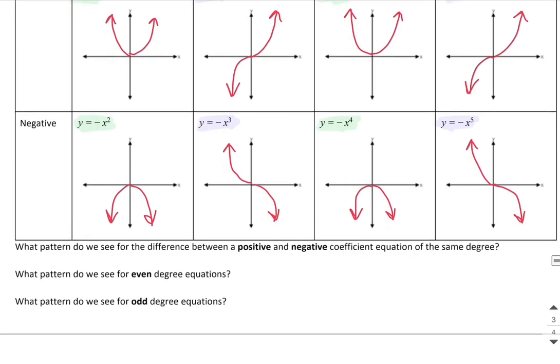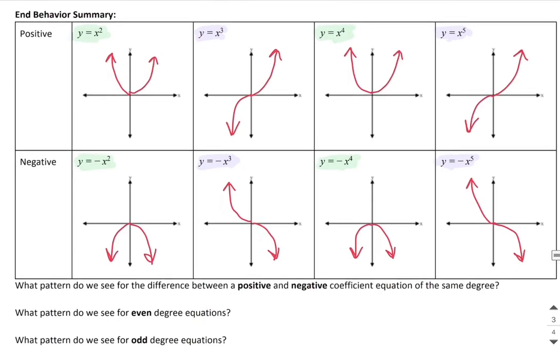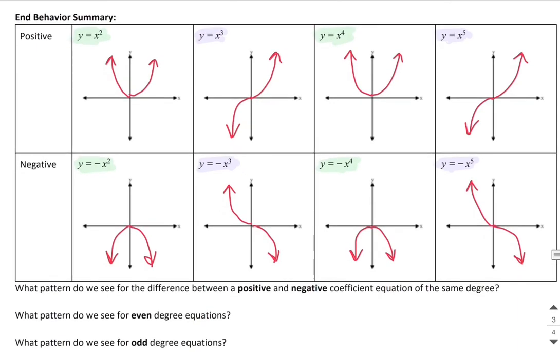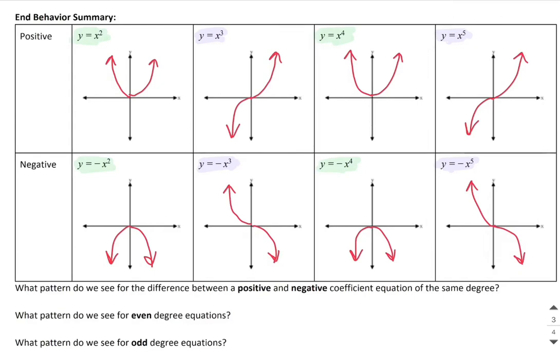So I want to know, what pattern do we see for the difference between a positive and negative coefficient equation of the same degree? When I'm looking at these two equations, and these two, what do I notice? They are all opposite end behavior.